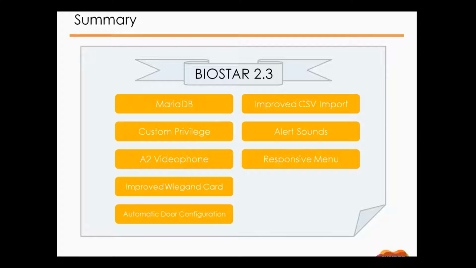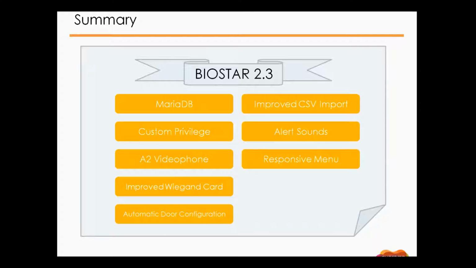So that's the knowledge base, and now I will recap what I shared today. Okay, starting with the new features, all databases in Biostar 2 will be MariaDB by default. Custom privileges can now be customized. Video phone can now be used with BioStation A2 if you have SIP-based VoIP servers.